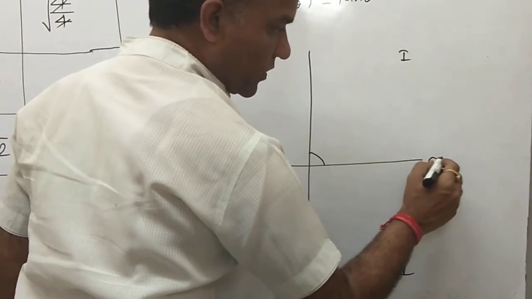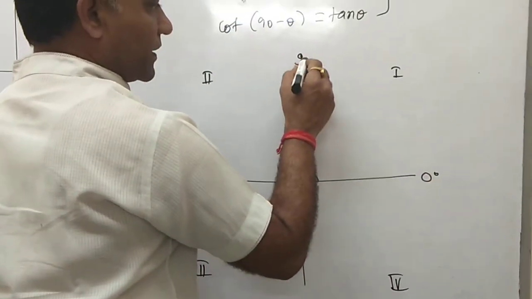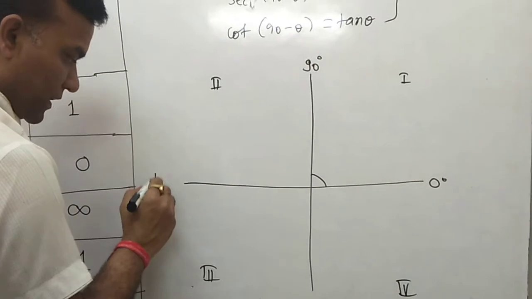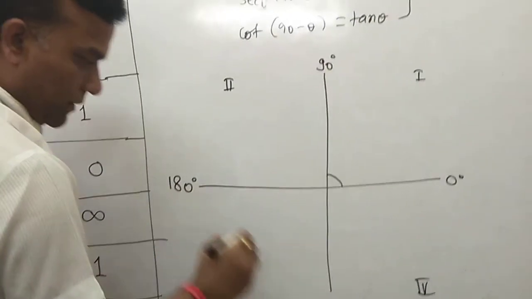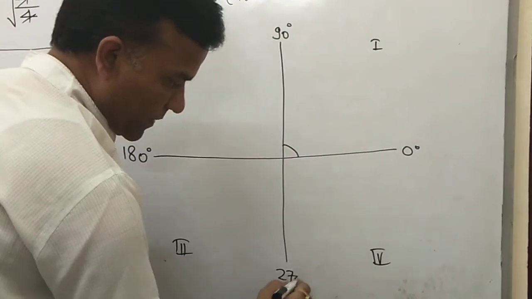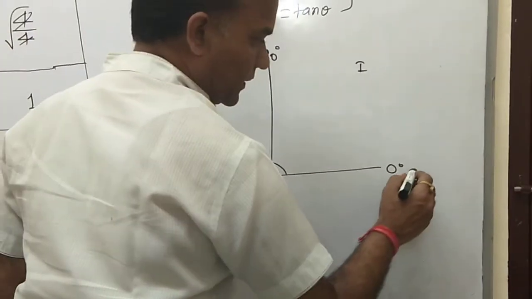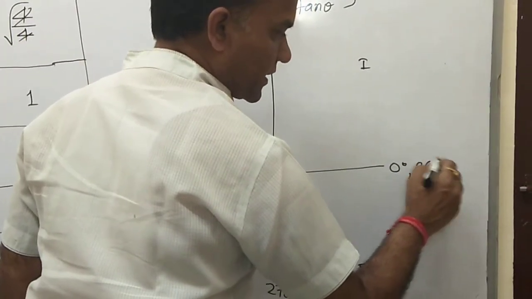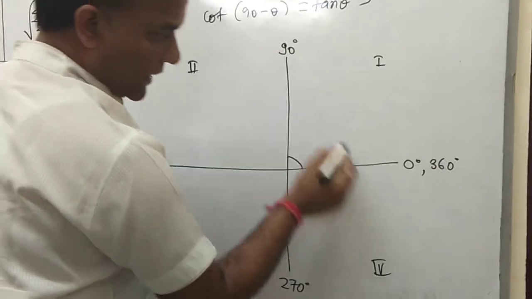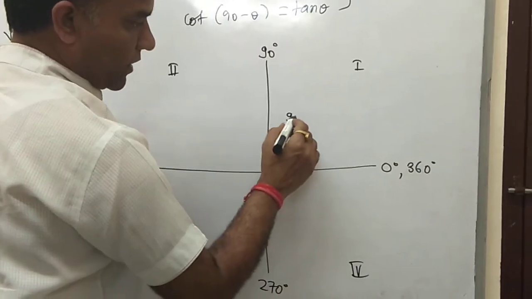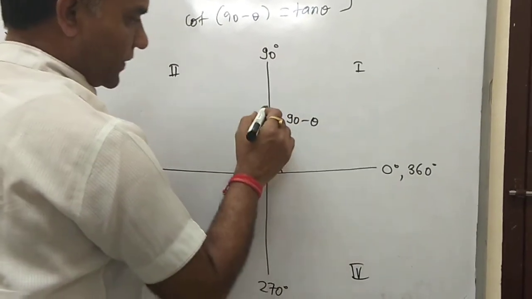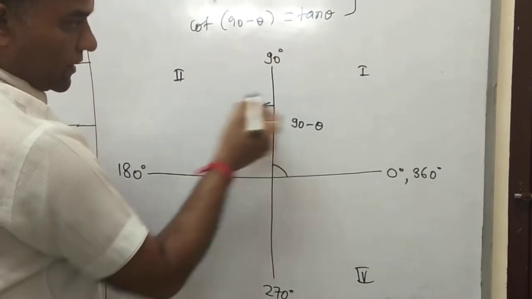We know that 0 degree here, we have 90 degree, and then we have 180 degree here. This is 270 degree, and then we write this is 360 degree. Okay, so this is less than 90. So you write down here 90 minus theta, and now go for 90 plus here.